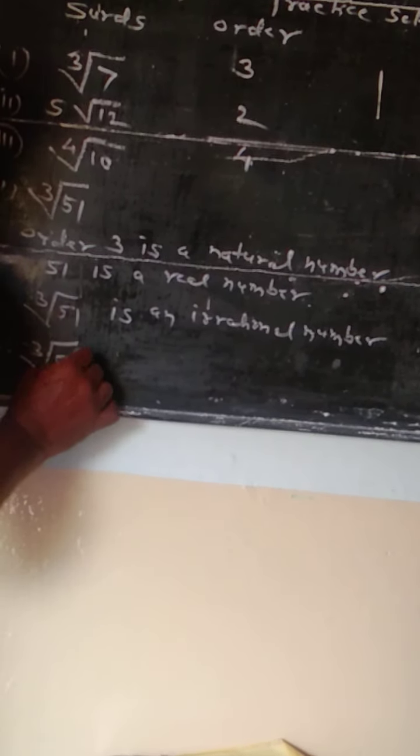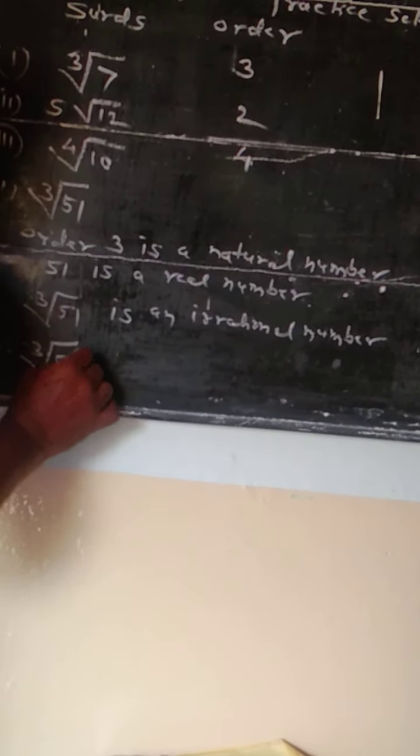Then one more I will give you. Third one: 4 root 18 and 7 root 2. So 4 root 18 is equal to 4 root of 9 into 2. We can take the square root of 9, which is 3, and root 2 as it is.